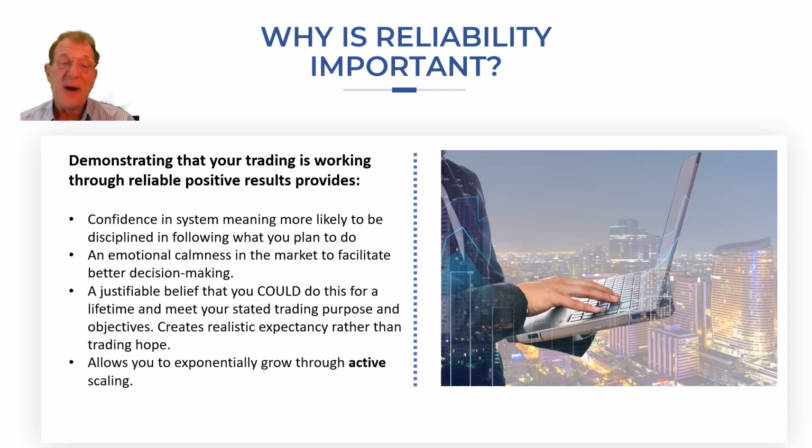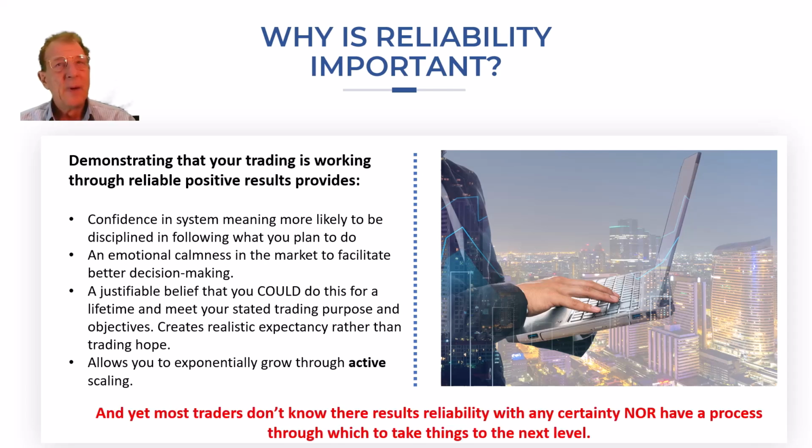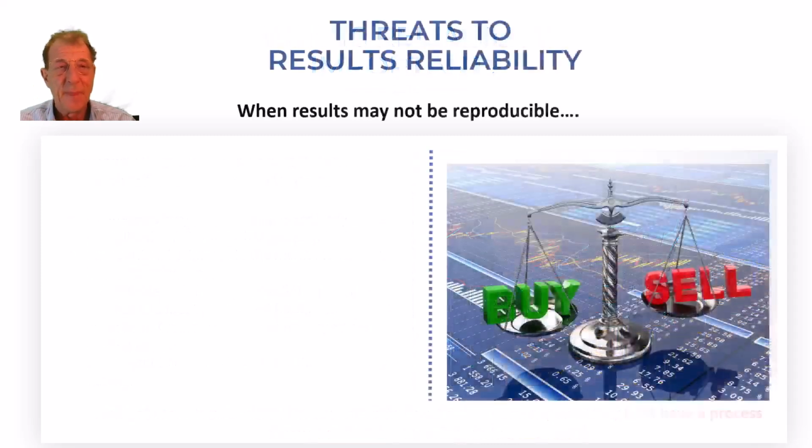And of course, as I've already referenced, it allows you to exponentially grow through active scaling. But the issue is that most traders don't know if their results are reliable or not with any certainty at all, nor have a process through which to take these things to the next level if they produce evidence of some reliability.